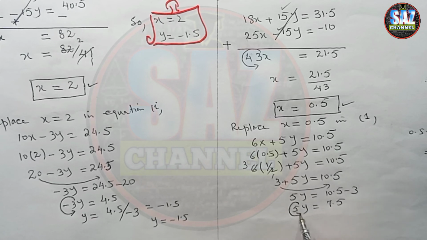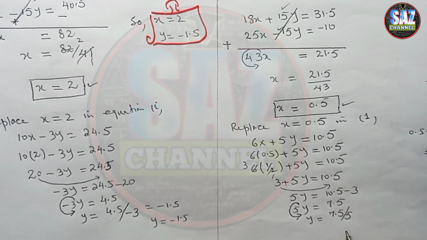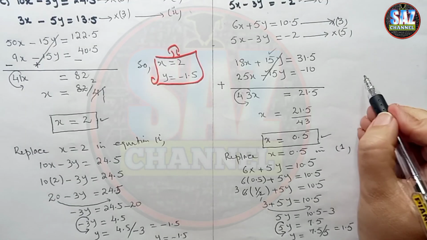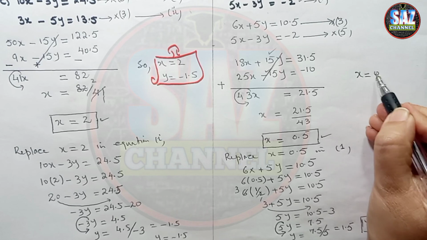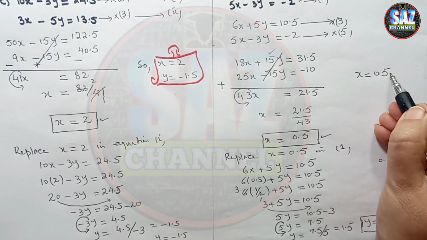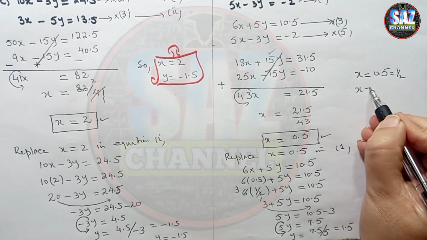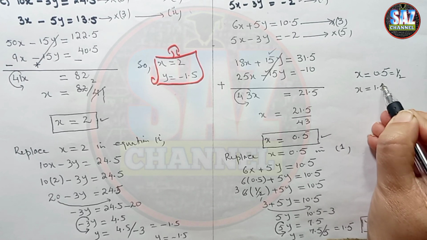Now in order to get the value of y, shift 5 to the other side. 7.5 upon 5, 75 divided by 5 is 15, so 1.5. So the y value will be 1.5. So the values of the unknowns in this question are x equals 0.5 or 1 by 2, and y equals 1.5.